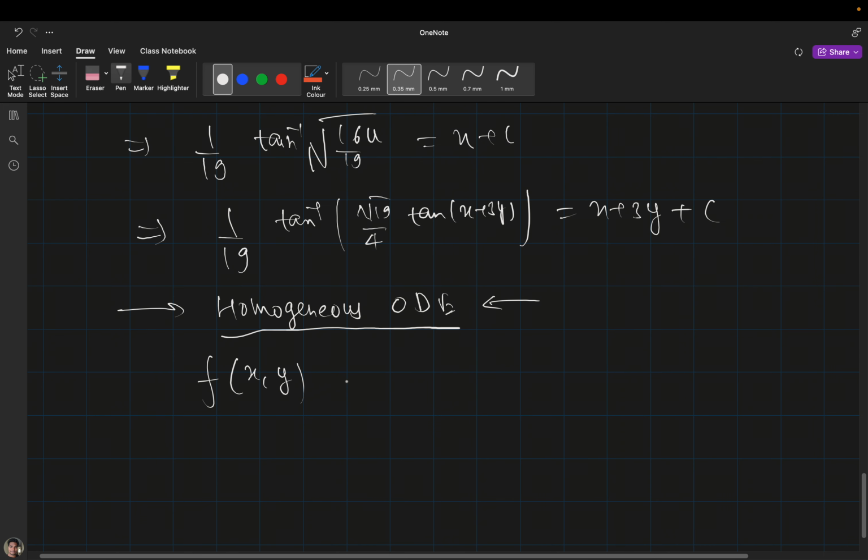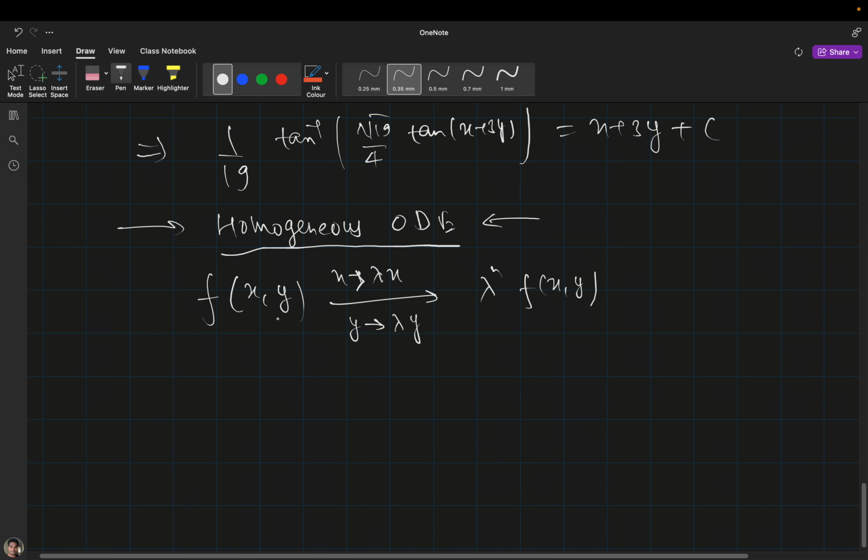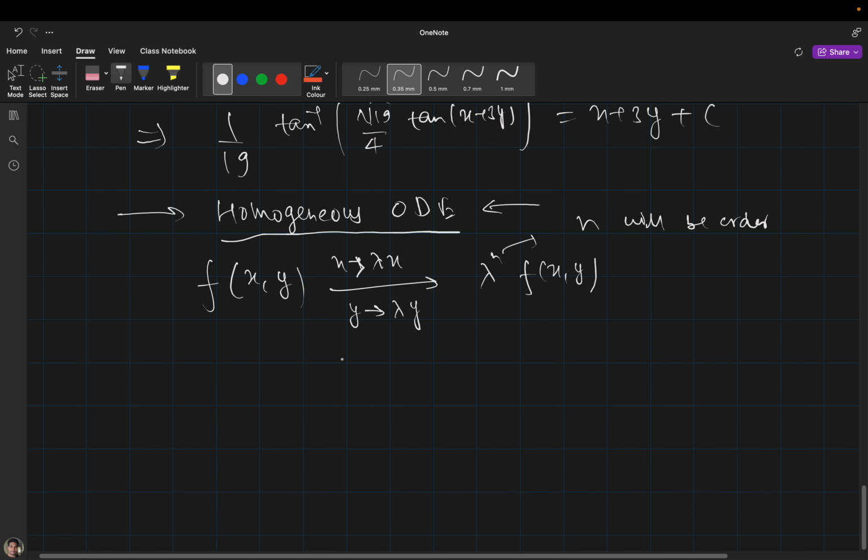Now if you substitute x as lambda x and y as lambda y in any kind of function f(x, y), and if you get lambda raised to the power n times f(x, y), where n will be the order, then this function will be called a homogeneous function of order n.